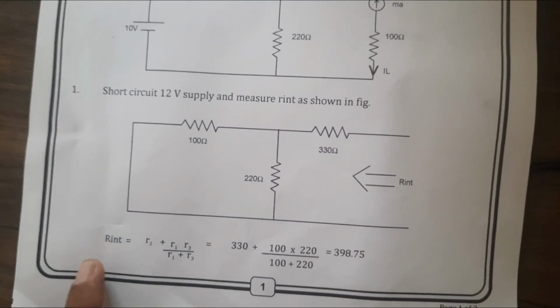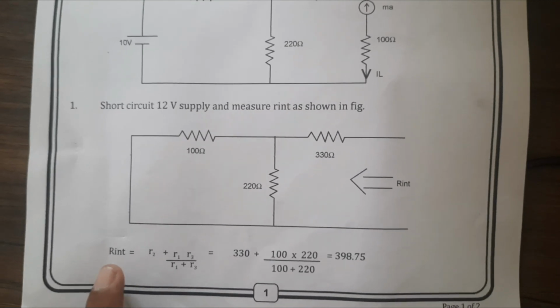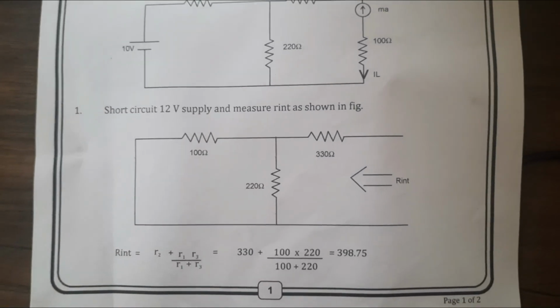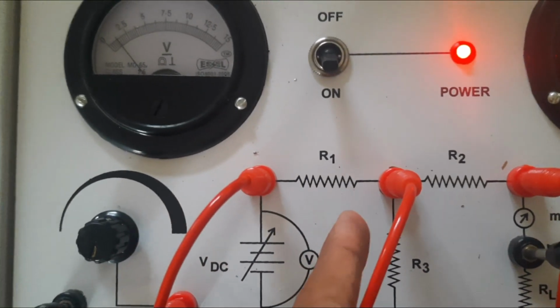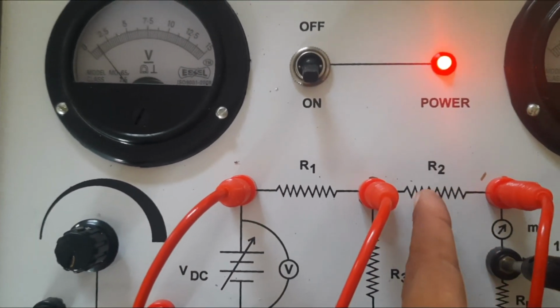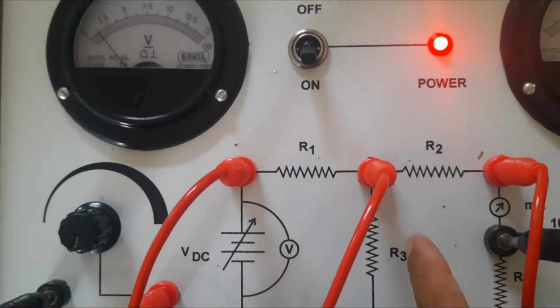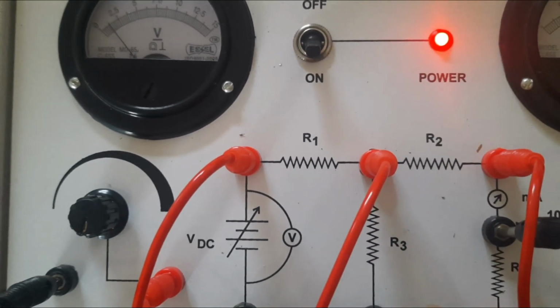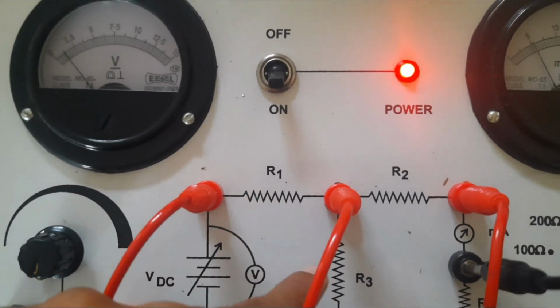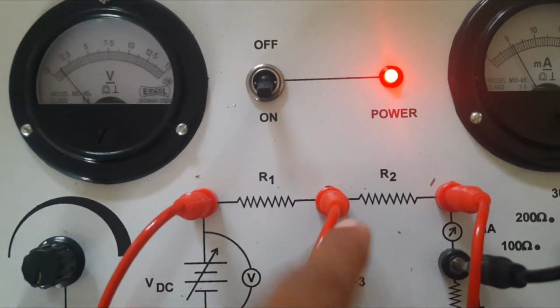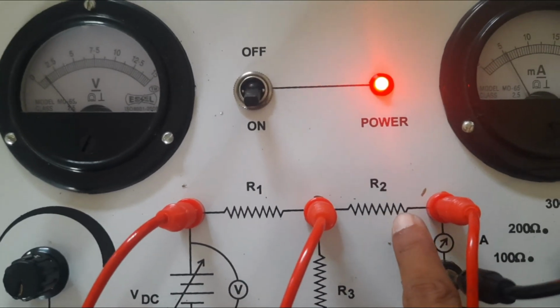We can calculate here the Norton's resistance, which we can call the internal resistance. On the apparatus also you can see R1, R2 are connected in series and R3 is connected in parallel. If we consider R1 and R3, they are in parallel, and connected in series with R2.